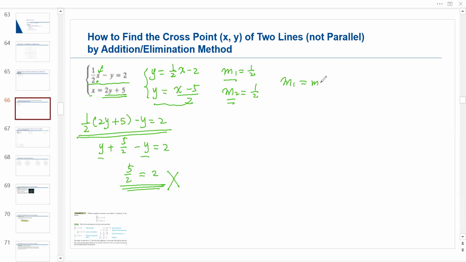When they are the same, it means these two lines are at least parallel or overlapping, right? Since their y-intercepts are different, these two lines are parallel to each other, which means there are no solutions. There is no common point. Of course, there are no solutions. I'm sorry, I didn't give quite a good example here for the addition elimination method. Let's go a little bit further to the next one.